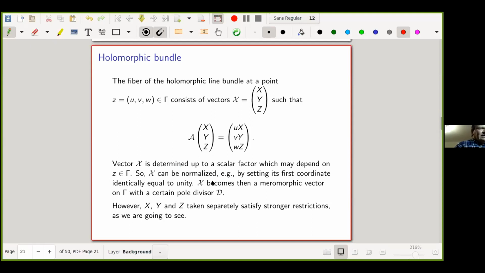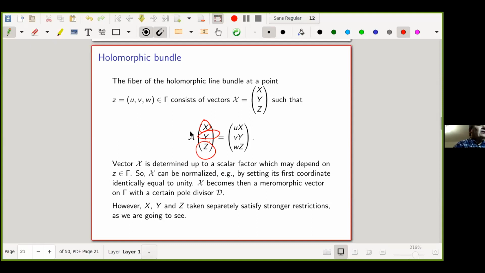But if you consider these components separately, they satisfy stronger restrictions. Well, I wrote here as we are going to see, but how to see this?